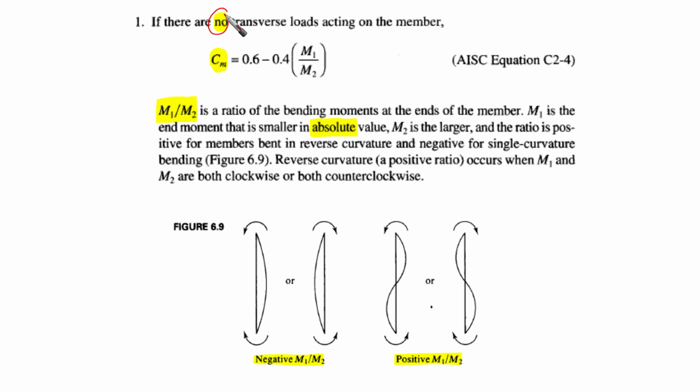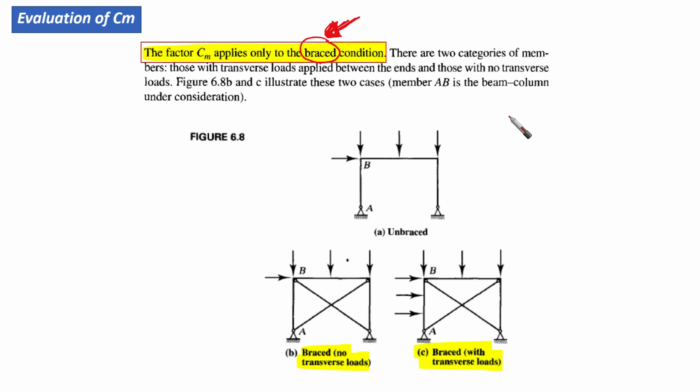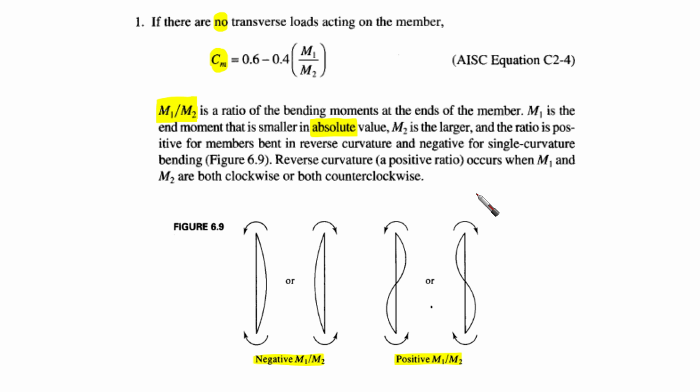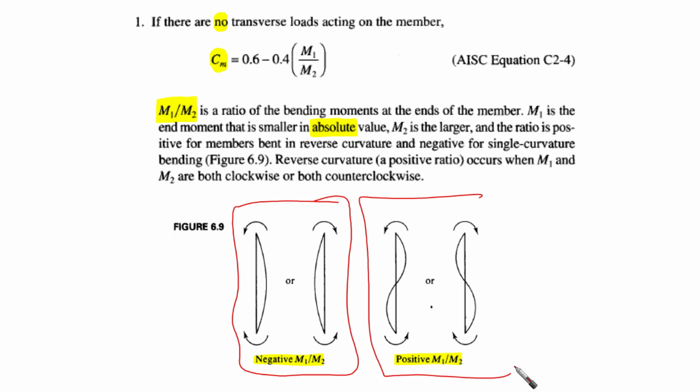If there are no transverse loads acting on the member, then Cm is calculated from this equation. You can say it is an empirical equation, and it has M1 over M2. What are M1 and M2 here? They are the end moments at the ends of the member. As you can see here, we have cases with single curvature, and here we have double curvature or reverse curvature.